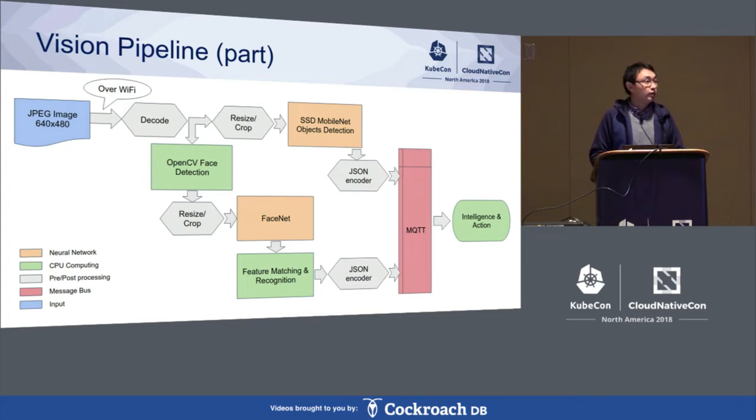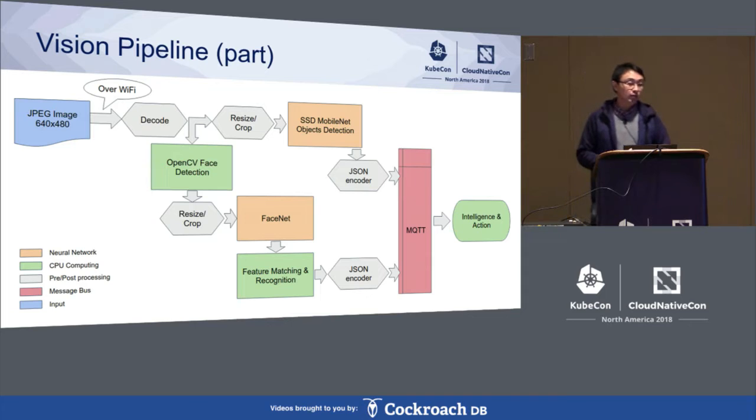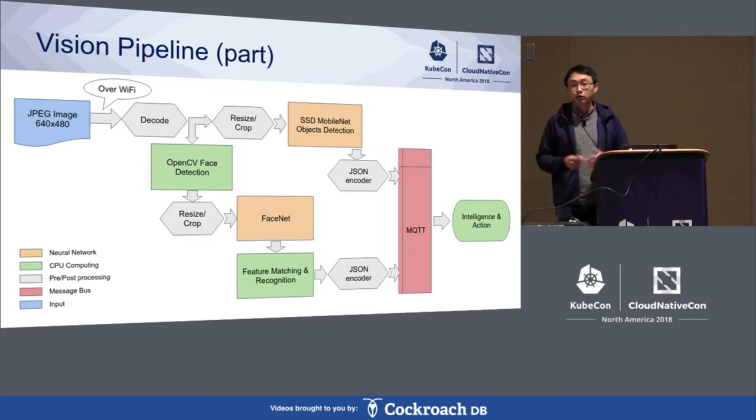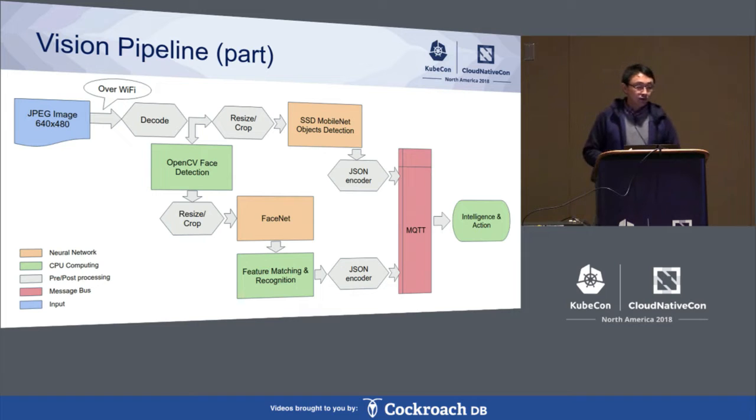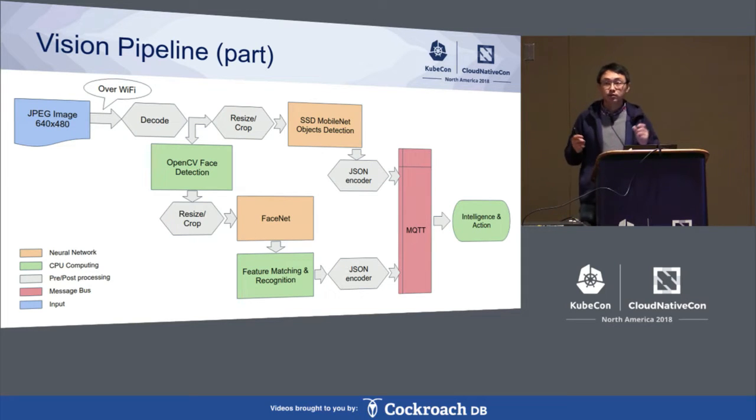So let's take a look at this vision pipeline. Actually, this can be built using Kubeflow. I haven't tried it. If you are interested, there are a few Kubeflow-related sessions these days, so you can attend. In this pipeline, the robot continuously takes VGA-sized images in JPEG and sends them over Wi-Fi into the pipeline.